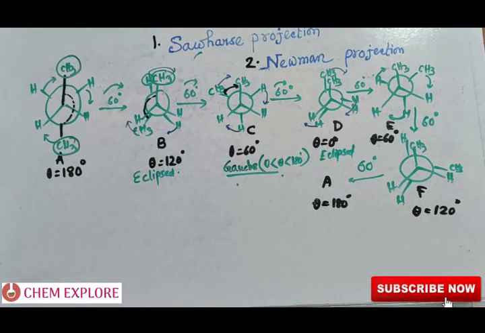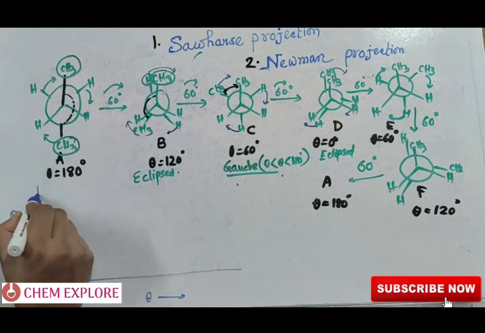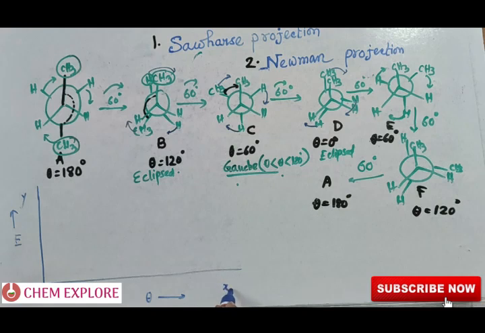So now we can draw an energy profile diagram with the dihedral angle, in a little bit smaller way. This is the dihedral angle on the x-axis, and this is the energy on the y-axis. Now we can start from the lowest energy.